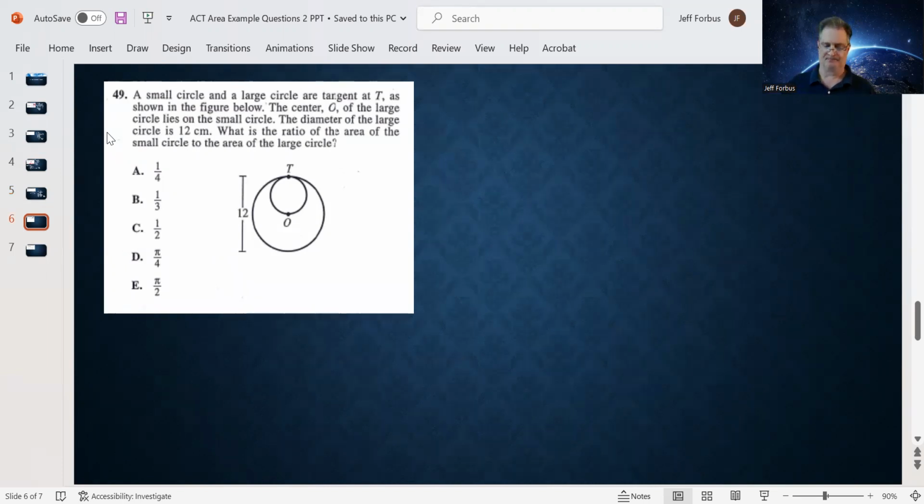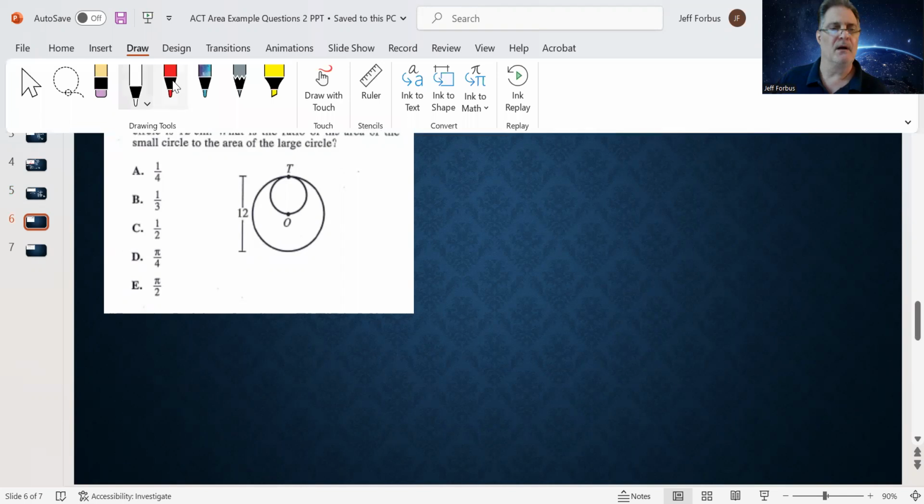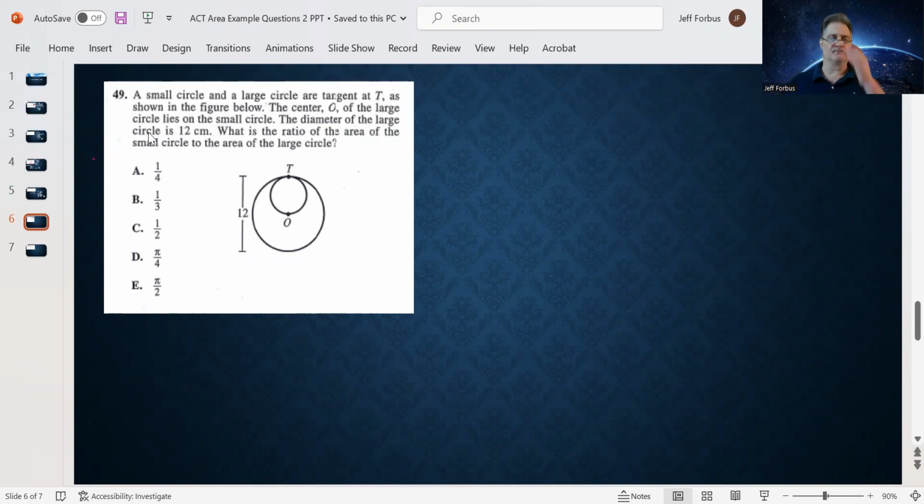So this one, it's got a fairly big paragraph, but we'll get to it. Let me get my pen tip here. Changed color. All right. Now, a small circle and a large circle are tangent at T. So they both touch T, that single place, as shown in figure below. The center O of the large circle lies on the small circle.